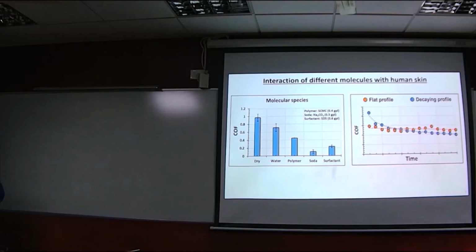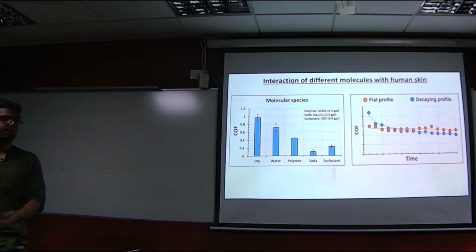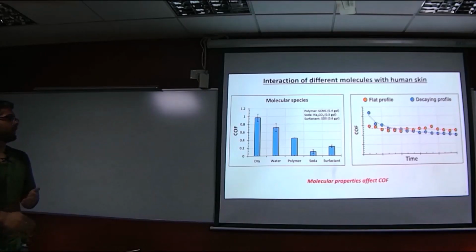The first is the flat kind of profile, which you would expect for molecules that are just present on the interface, affecting the adhesive contact between the two bodies, like water or polymer. However, the decaying sort of profile, which I was talking about in the previous slide, is much more characteristic of molecules that have some dynamic nature to them, like surfactants, which have a propensity to get absorbed, or soda, which might be reacting chemically with the human skin. So different kinds of molecules are affecting the coefficient of friction in different ways.